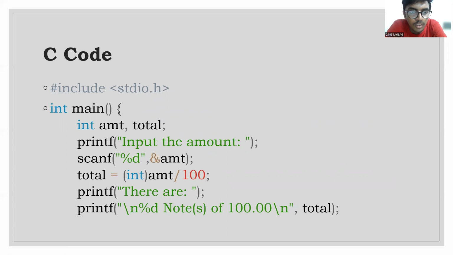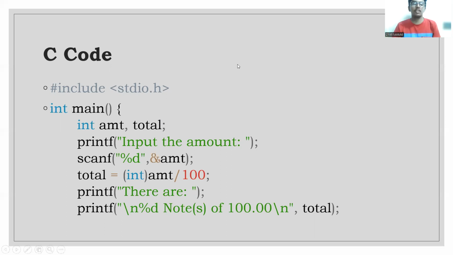First is printf input the amount, scanf %d and amt. Total is equal to int amt by 100. We use a semicolon at the end for scanf, printf, and total.